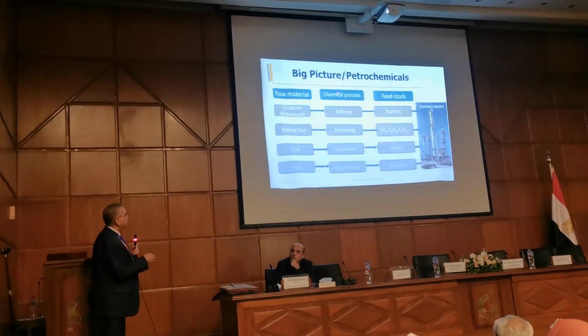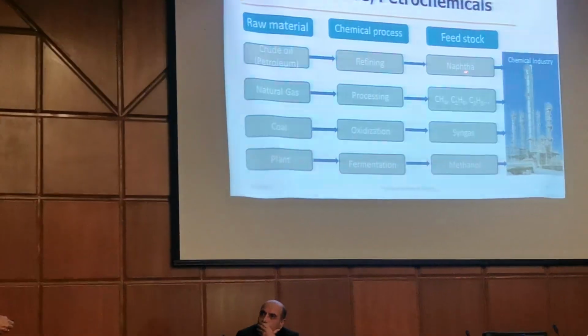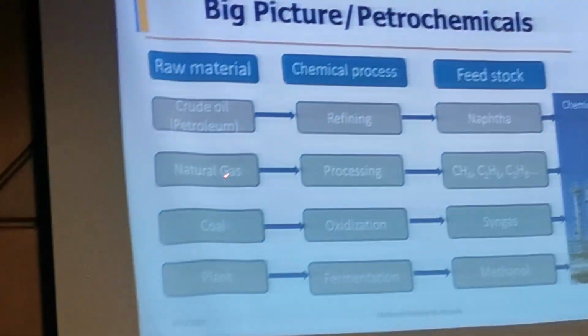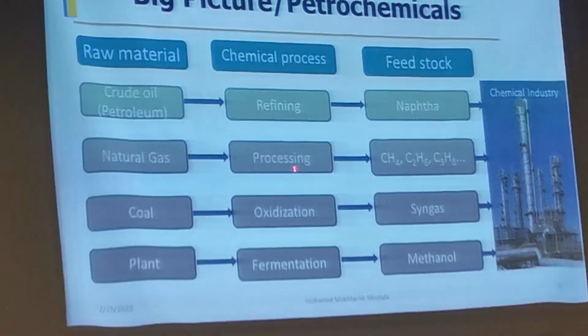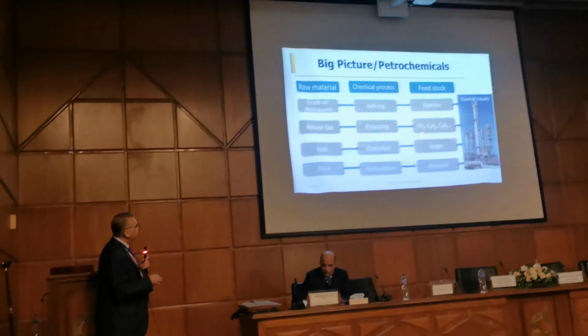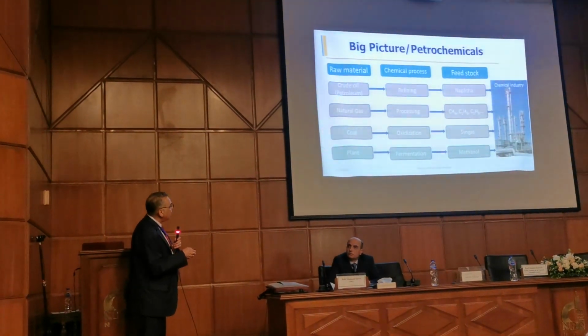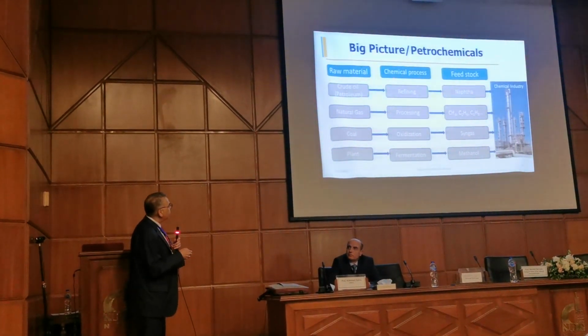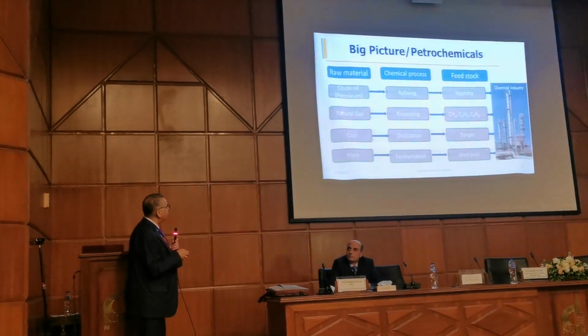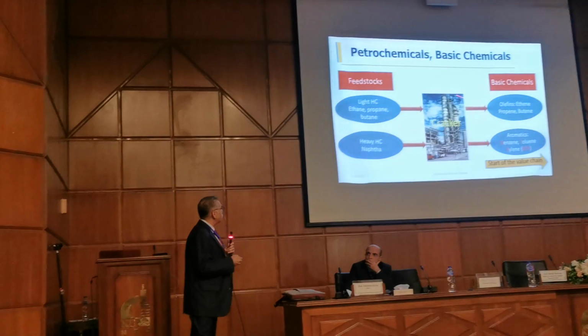From the crude oil, we do refining in order to obtain the feedstock, which is naphtha. Then from natural gas, processing obtains some hydrocarbons, or by distillation, and from plant fermentation, methanol. So all the chemicals that come from petroleum or other raw materials are considered to be petrochemicals.